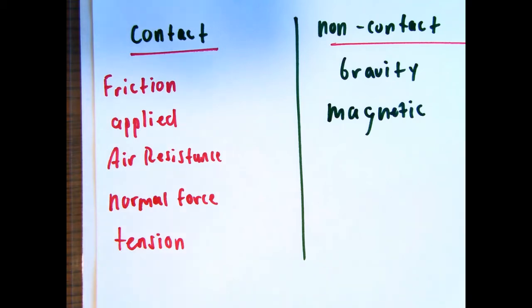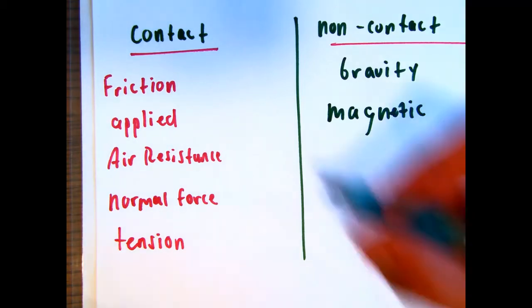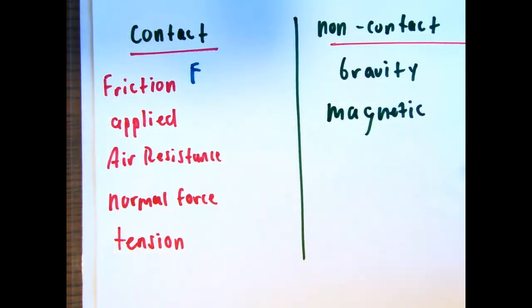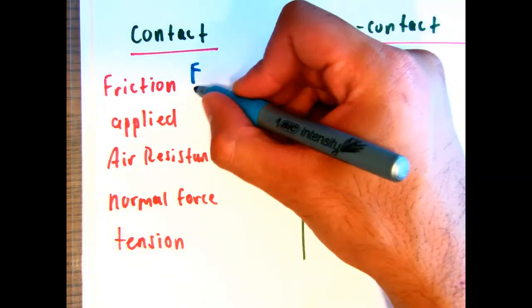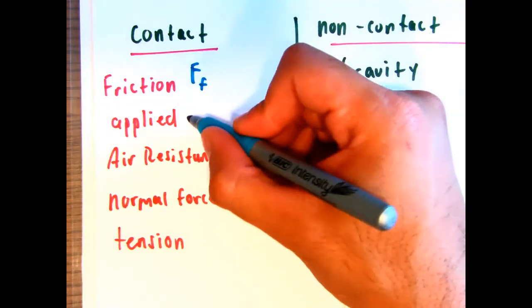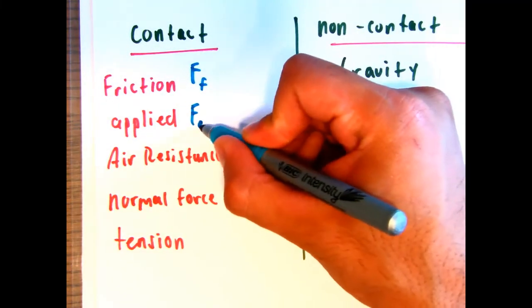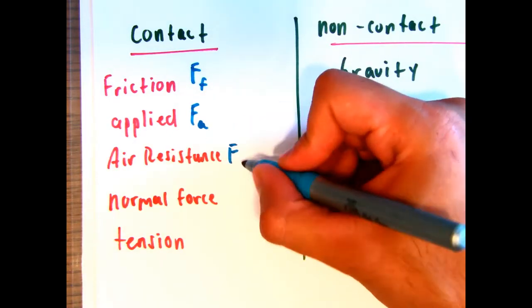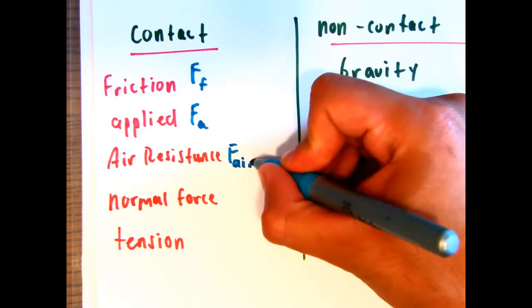All right. When we're doing free body diagrams, we often use the letter F to represent force, and then a smaller subscript to represent the type of force. For example, for friction, we would put F and then a little f. For applied force, it would be F for force and then a small a. For air, because we already used a, we just write it out: force of air.